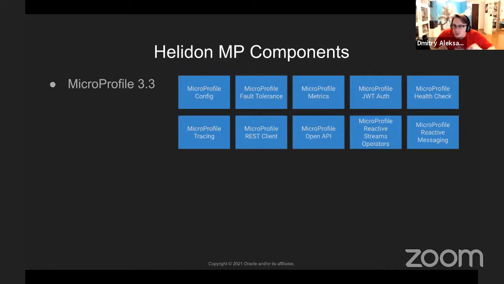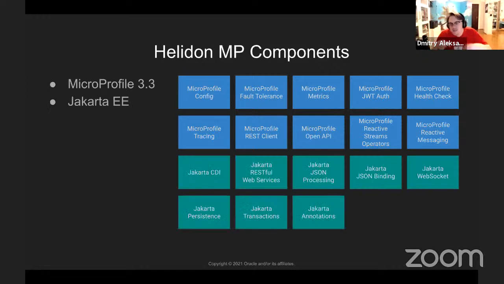So we've got all this MicroProfile config, metrics, open API, and on top of it, just to fulfill, we have several Jakarta EE specifications, which is like CDI, JSON, even WebSockets, some persistence stuff, and Jakarta annotations. So we're just putting it all together.